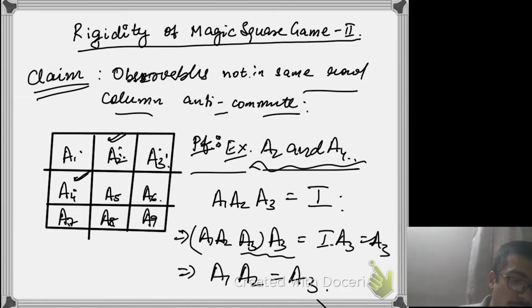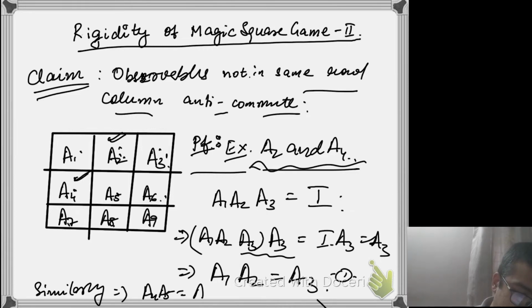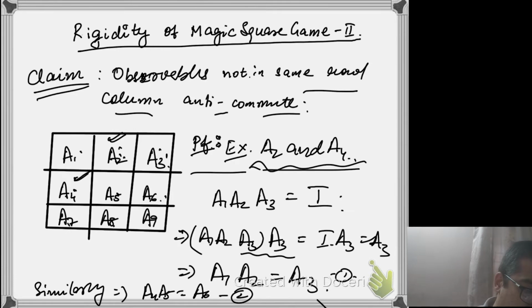Now similarly from the second row, I can get that A4 A5 is A6. So I have this condition in the second row also. Now let me look at the first column.